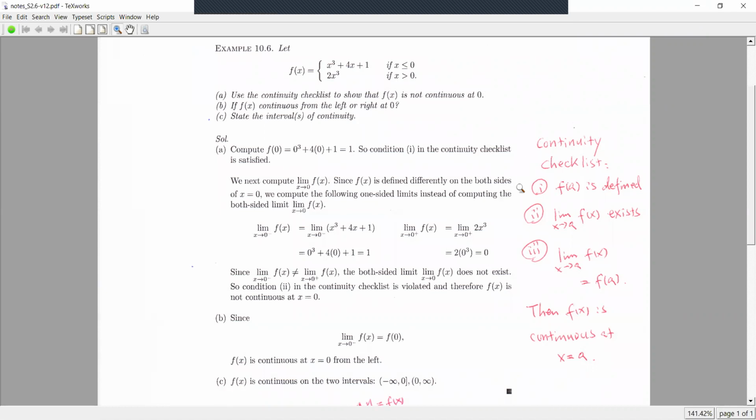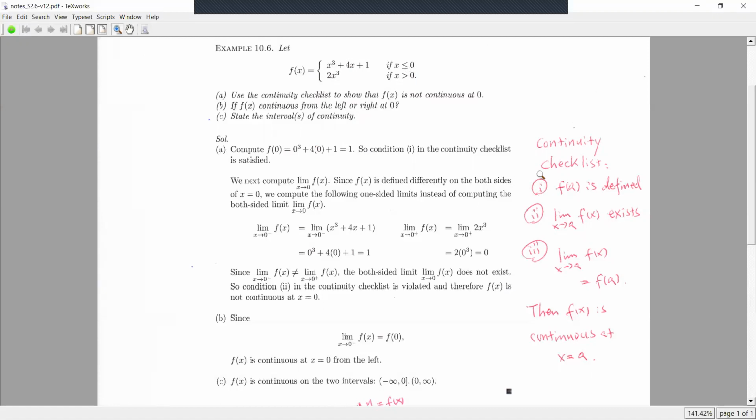Now, I want to see whether or not the function f is defined at 0. From the definition of the function, when x is less than or equal to 0, the function is this polynomial. So the function value at 0 is plugging 0 into this polynomial, then we get function value is 1.